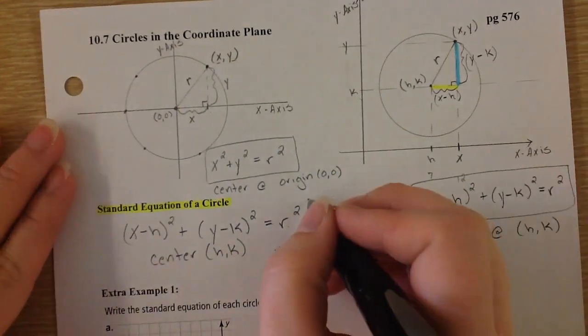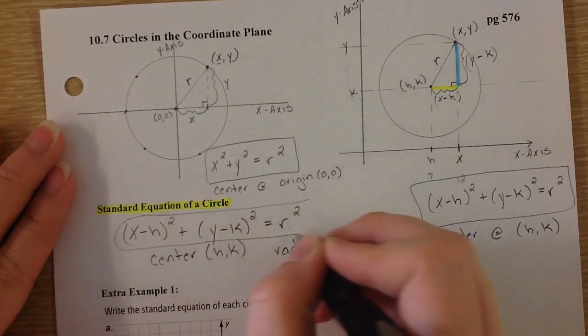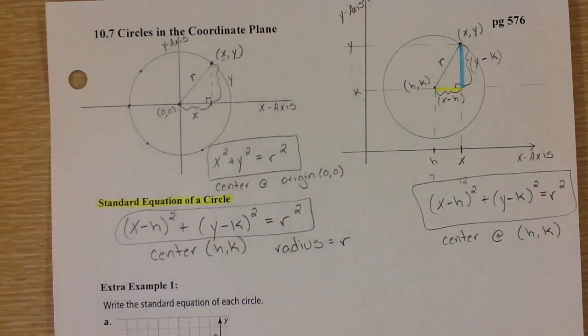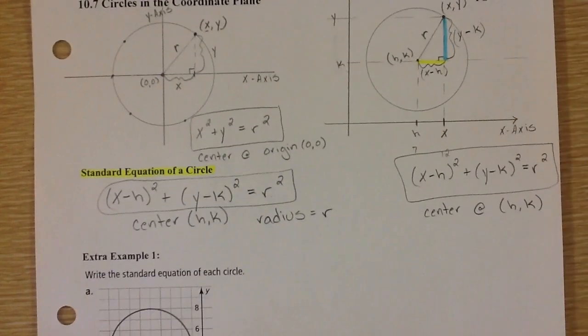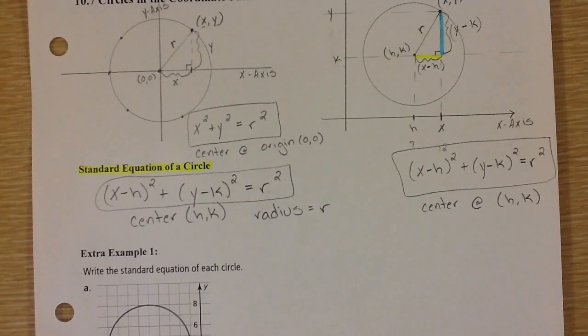So we can use this to find the equation of a circle. I could graph this, and that would give me that equation of a circle. And we will look at that briefly.